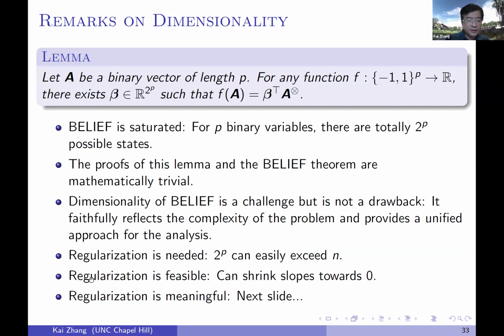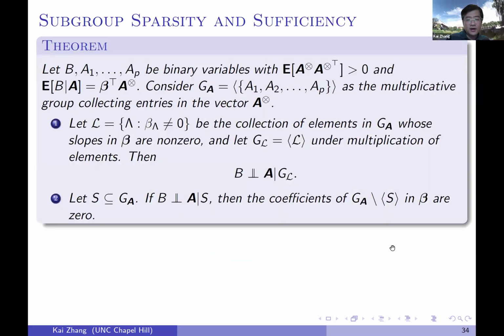Having said that, regularization is needed because 2 to the power p can easily exceed n, but regularization is feasible. We can always shrink things to zero, and regularization is meaningful here, connecting sparsity in the linear model and sufficiency. So the idea is that if you consider the group generated by all the p predictors, with the action being multiplication, then there are 2 results here.